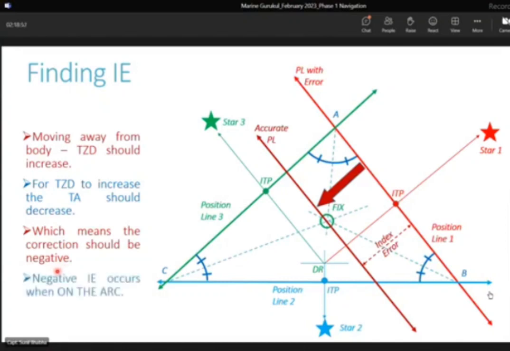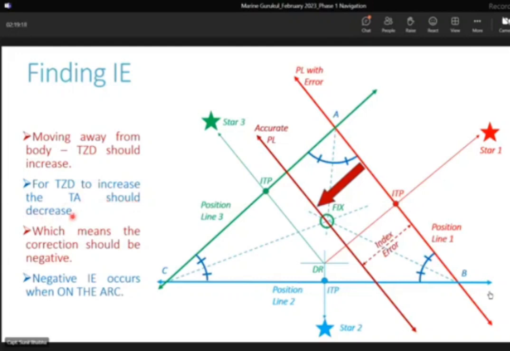Now index error is negative if it is on the arc. So when we are doing altitude correction, if the index error is on the arc, we subtract it. So the index error in this case is on the arc, so we will be subtracting it. When you subtract it, the true altitude would decrease.